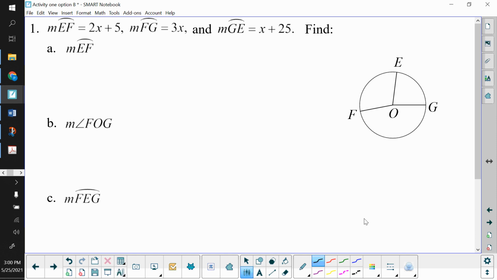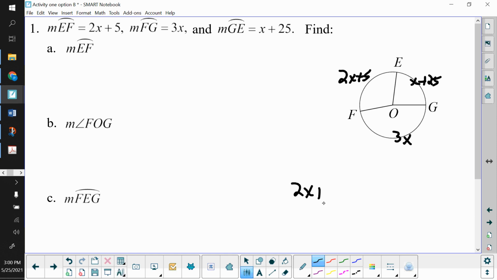So let's look at an example. Notice they give us the values for 3 arcs, some algebraic expressions. So this would be 2x plus 5. FG here would be 3x, and GE would be x plus 25. Well, all the arcs together add to 360.